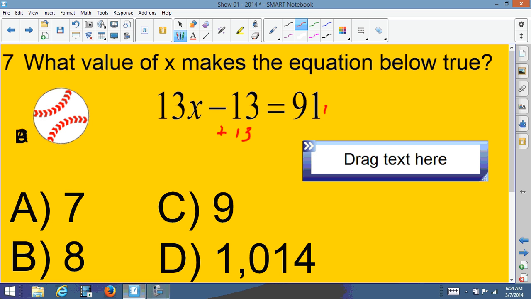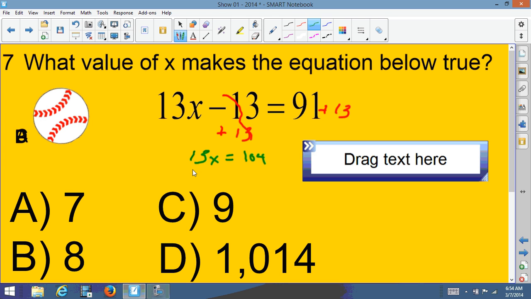That way we'll have a transposition of changing the 13 to both sides by doing additive inverse, which means opposite. What that does is it cancels out the 13s, leaving me with just the 13x. I have 91 plus 13, and that is equal to 104. As I said earlier, 13 times a number equals 104, so that's all I have to do.